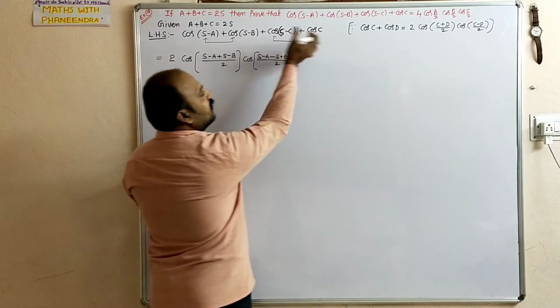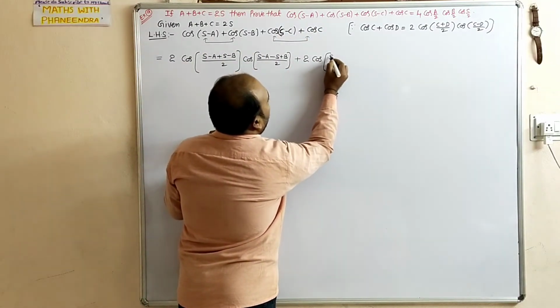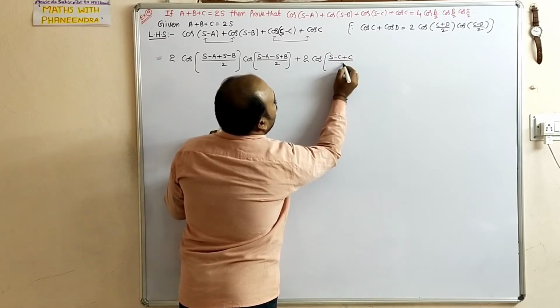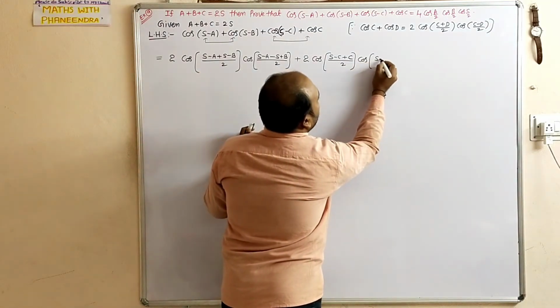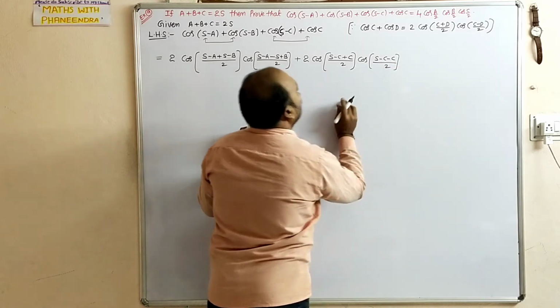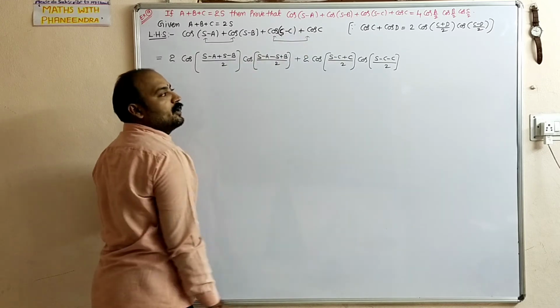First two terms completed. Come to the second two terms. 2 cos of ((S−C)+C)/2 into cos of ((S−C)−C)/2, cos (C+D)/2, cos (C−D)/2.